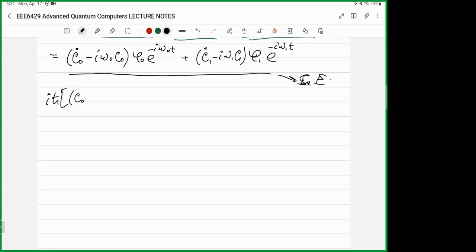So it is c sub 0 dot minus i omega 0 c sub 0, then phi 0 e to the power of minus i omega 0 t, then plus c1 dot minus i omega 1 c1, then phi 1 e to the power of minus i omega 1 t.